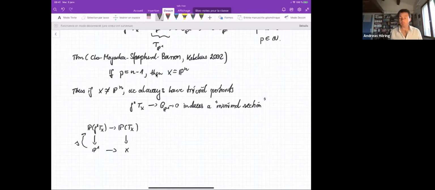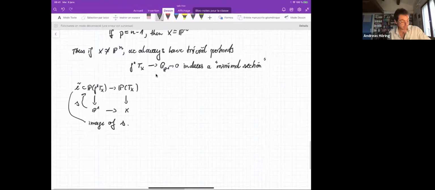Okay, so this is a way to construct certain rational curves upstairs in the projectivized tangent bundle. You vary your minimal rational curves in family, and you look at all these minimal sections which you get upstairs. And so this covers a certain locus in the projectivized tangent space, and this is the locus I'm interested in.